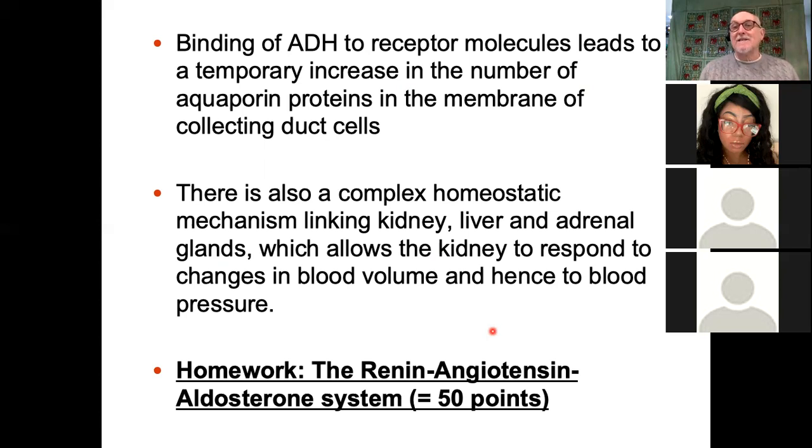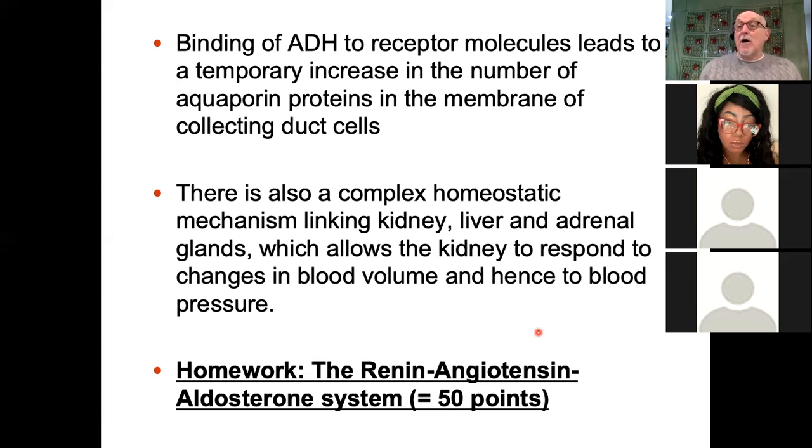It actually links not only the kidney and the hypothalamus, it links the kidney and the liver, believe it or not, and the adrenal glands. The adrenal glands are endocrine glands, which lie really close to the kidney. They're not part of the kidney. They're a separate organ entirely.